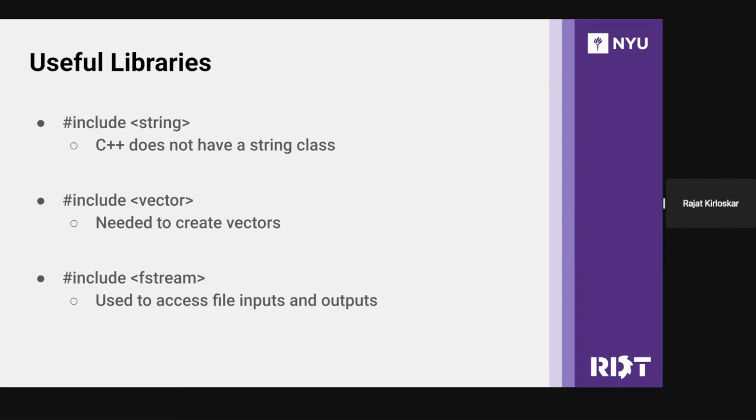Vectors in C++ are basically a sequence of containers representing arrays that can change their size during runtime. So unlike arrays, you do not need to predefine the size for a vector. And the fstream header file is basically used when you want to read or write into another file.